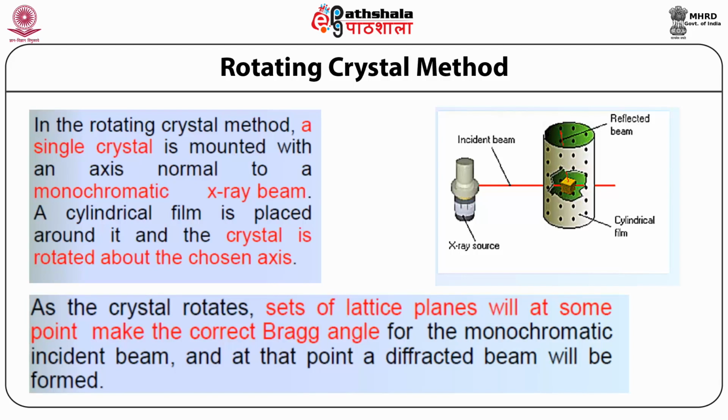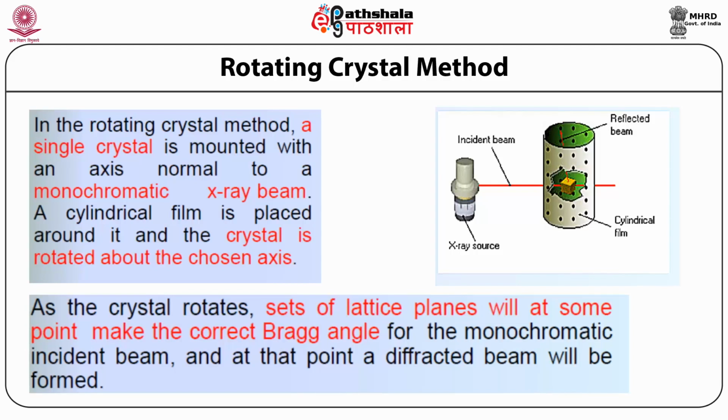So in this diagram, as you can see, there is an X-ray source and an incident beam which is coming, and it is passing through some sample in the center, and this cylindrical thing which you see is a circular film on which a diffraction pattern is recorded. You can see these spots. These spots are the diffraction pattern coming from a sample which is in the center of this diagram.